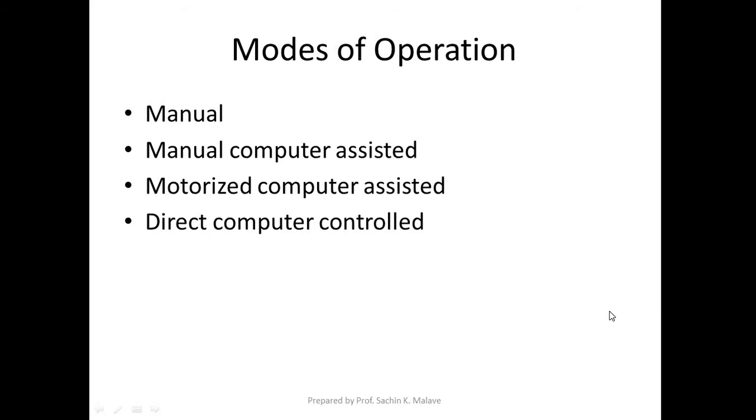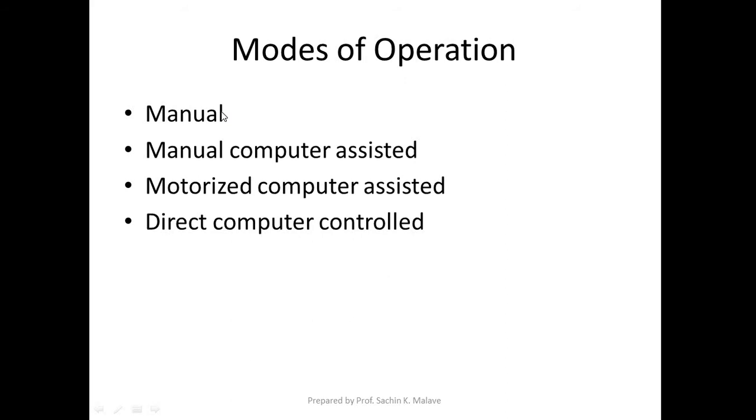One is manual, second is manual computer assisted, third is motorized computer assisted, and fourth is direct computer controlled. Depending upon the amount of human intervention and the amount of computer used for the overall working of the CMM, this classification is done.